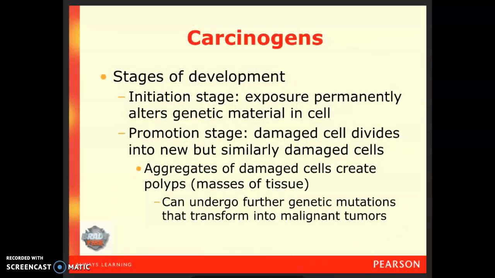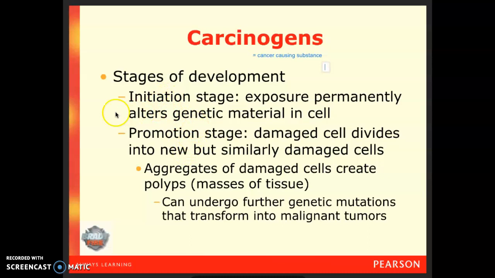The next toxic material that we want to look at are carcinogens. Now, the word carcinogen is basically a cancer causing substance. So, carcinogens are substances that have known links to cancer. Now, they do so through a two-stage form of development.